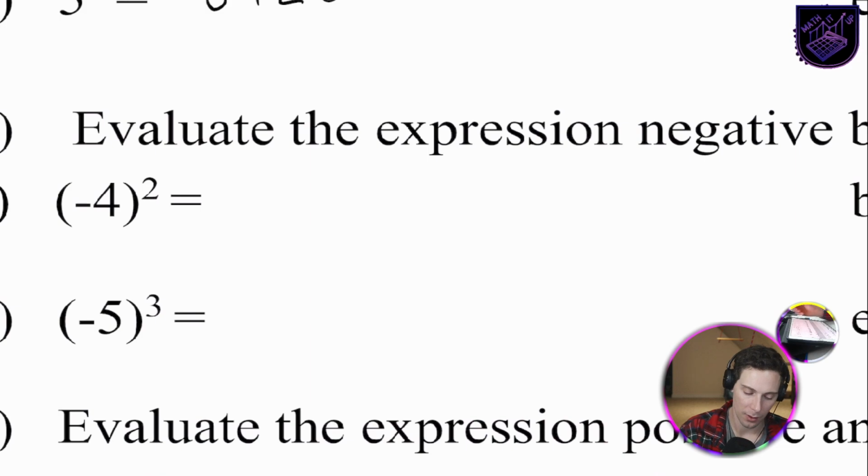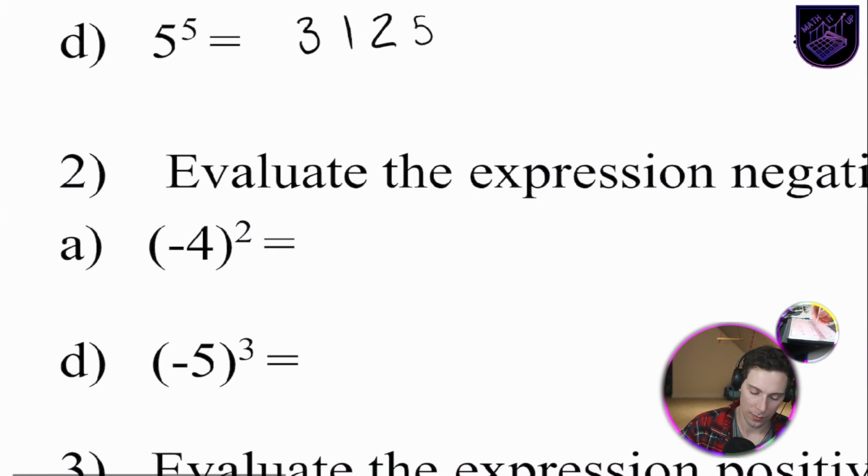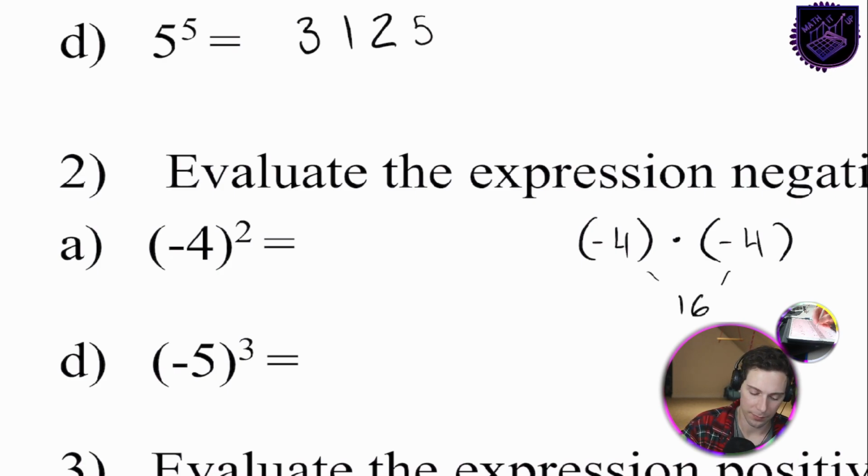So we can model this over to the side, -4 times -4, and you can see negative times negative, positive 16.